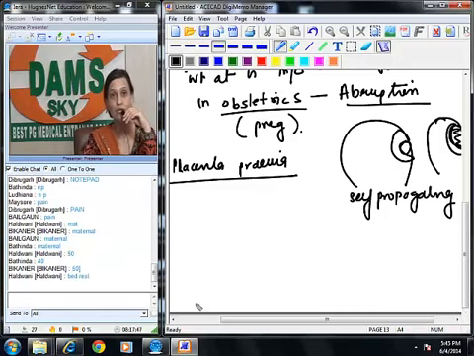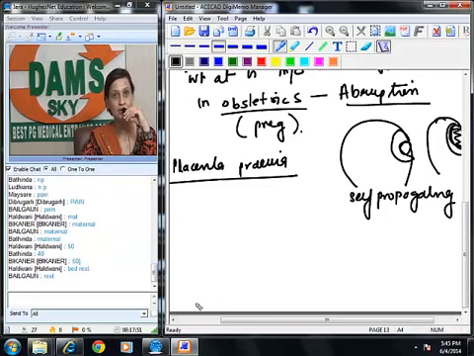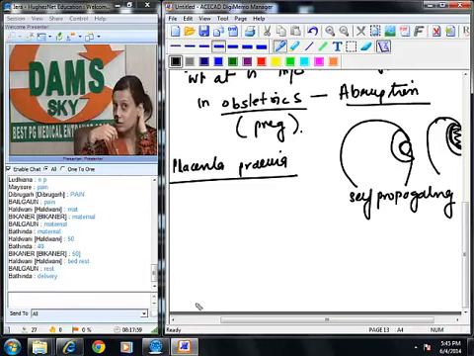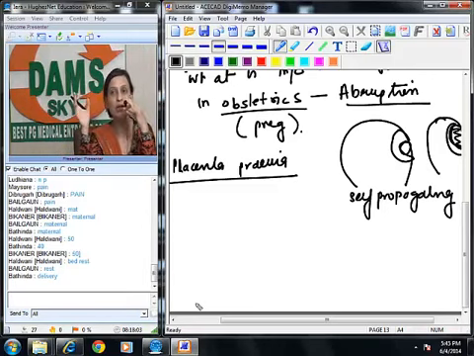Bed rest. No. What will happen with bed rest? With bed rest, the abruption is going to keep on expanding, right? What will you do if you keep the patient on bed rest? Yes, so Bhatinda is right.